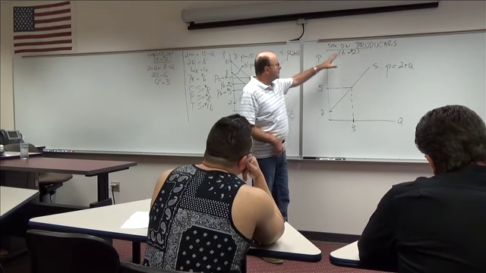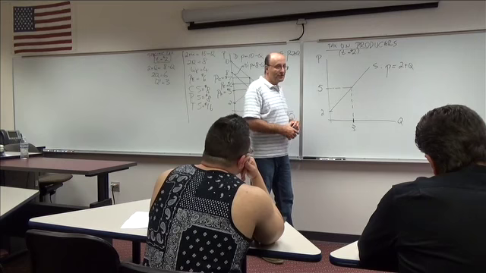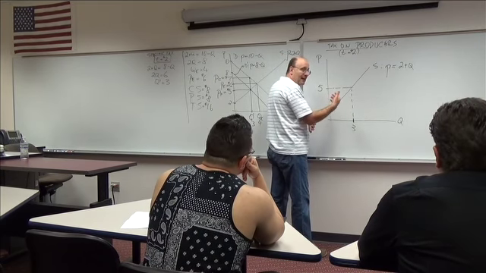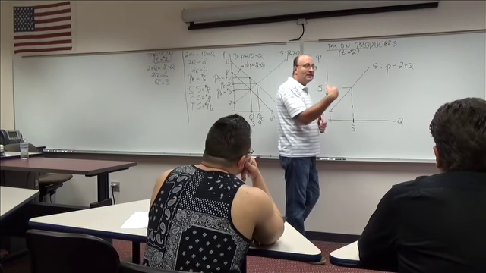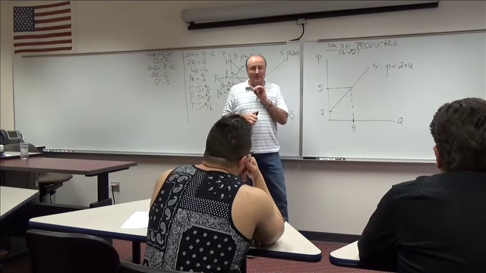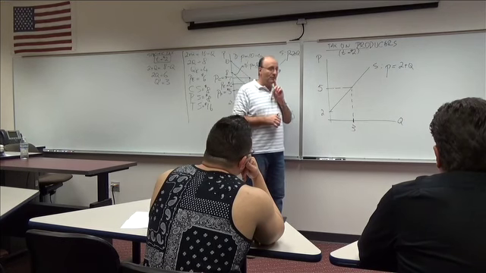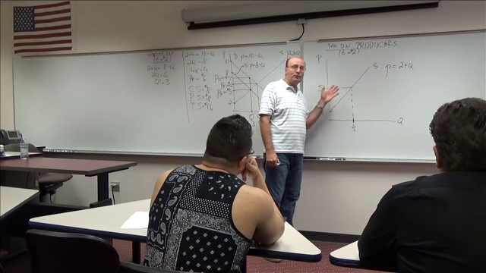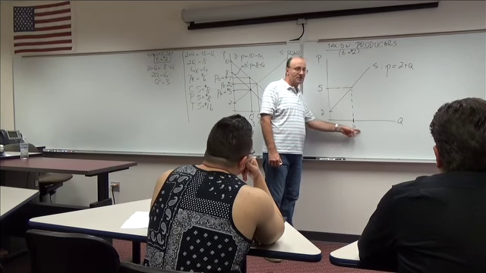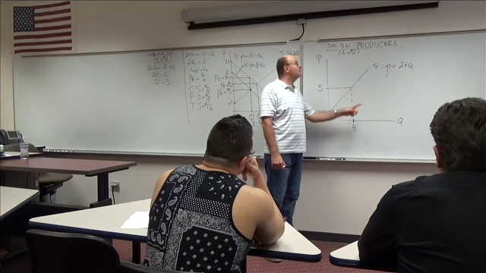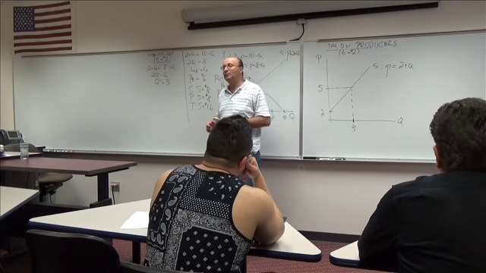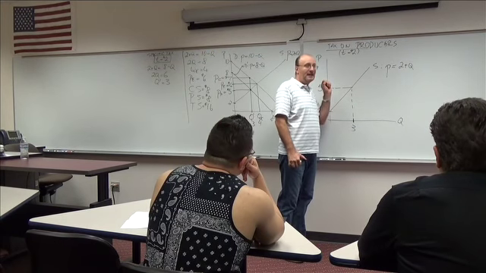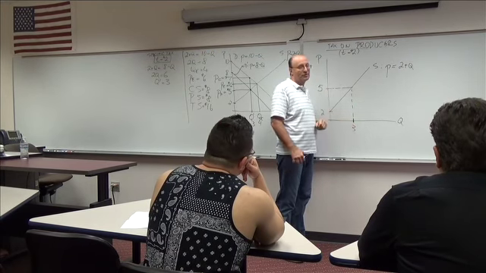Now suppose the government imposes a $2 tax on the producer. So now the producer has to produce goods, sell them at a price, and then pay $2 to the government. My question to you is, what is the lowest price at which these firms would be willing to produce 3 units and pay a $2 tax to the government? What would be the lowest price they would be willing to sell those 3 units at and pay the $2 tax and still be willing to produce those 3 units?